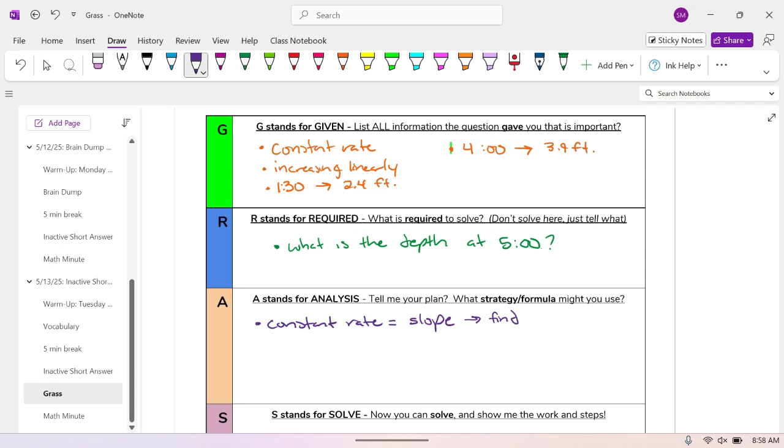Now, there's a couple ways you can do this. What's something else that we probably need to do? So, I think finding the slope is where we need to start. And that's definitely kind of what we need to do.